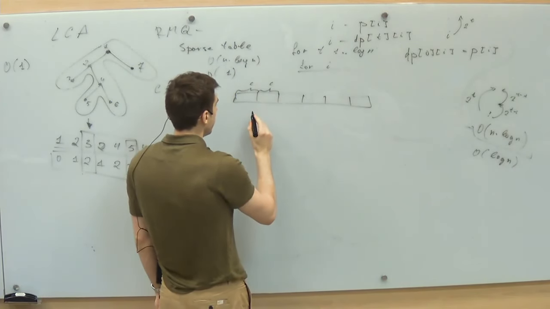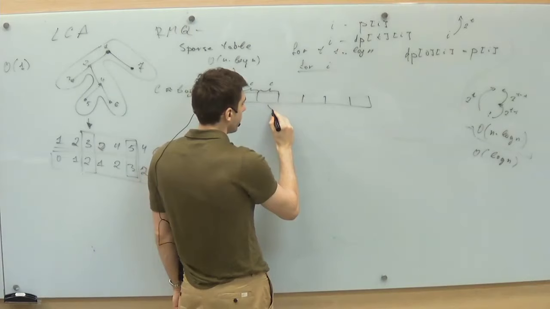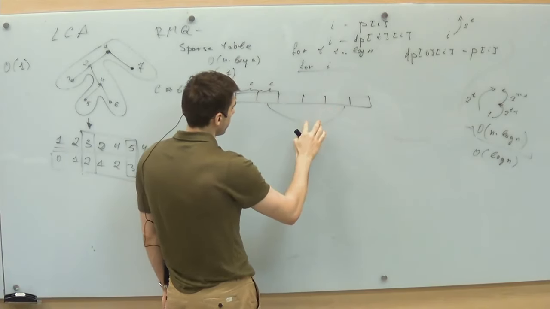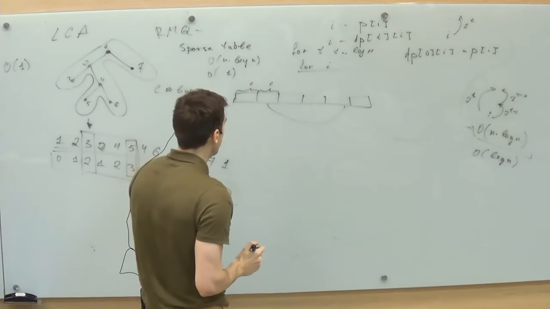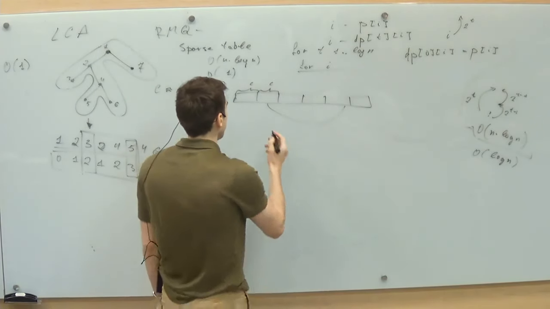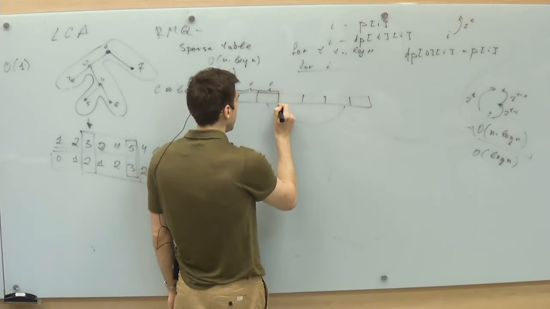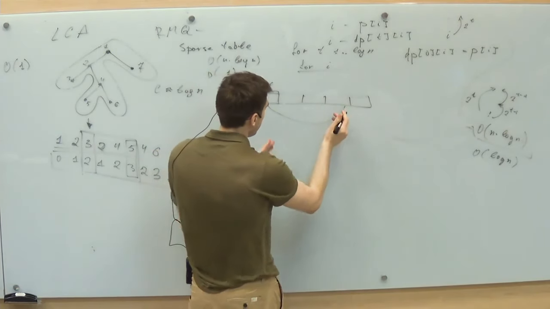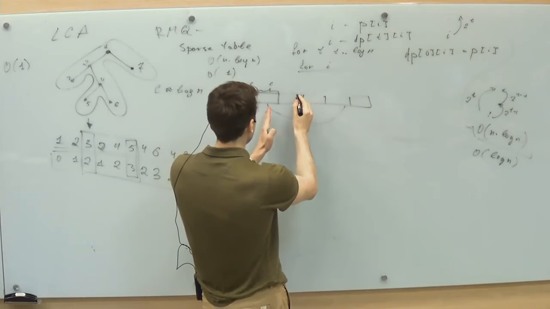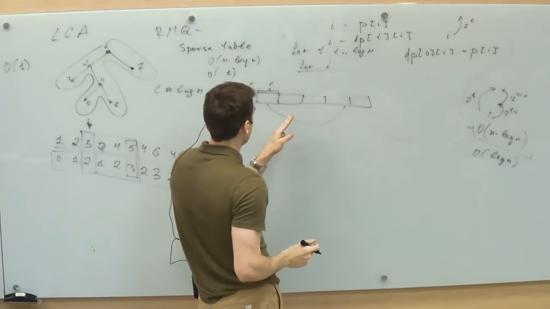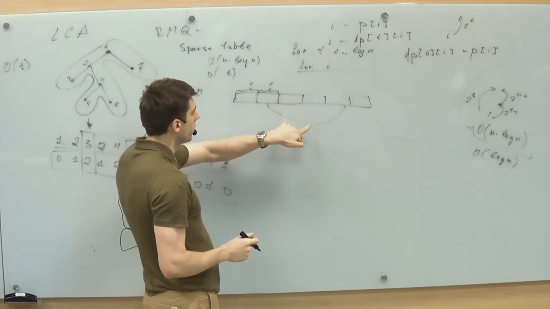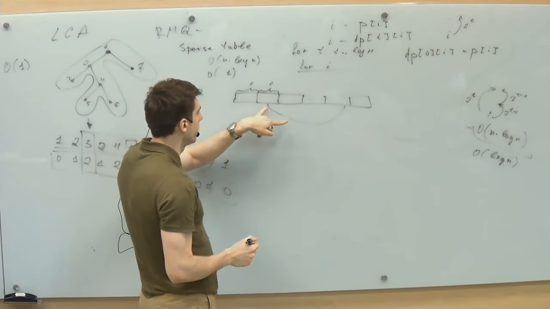Okay, so again, let's consider that we have some large query on this segment. The endpoints of any segment, any smaller block, will be either fully outside, fully inside our segment, or partially covered.